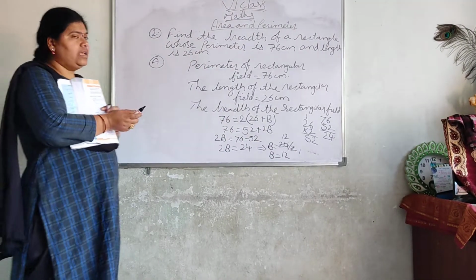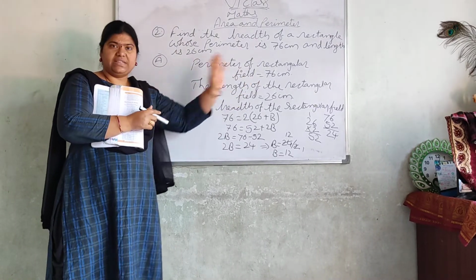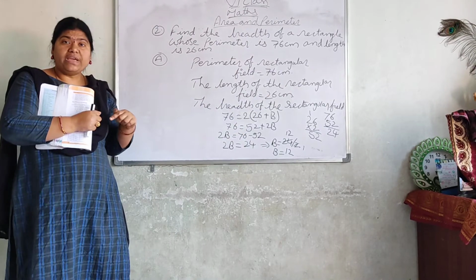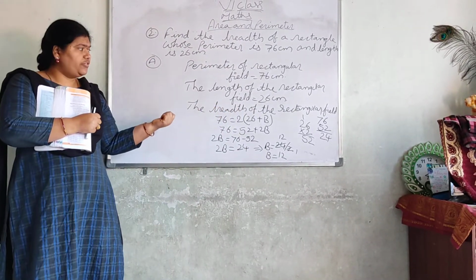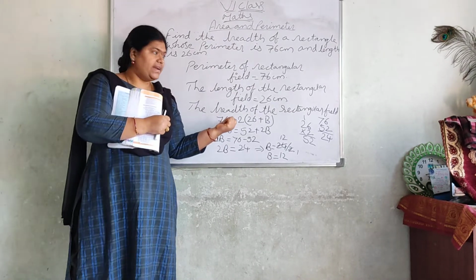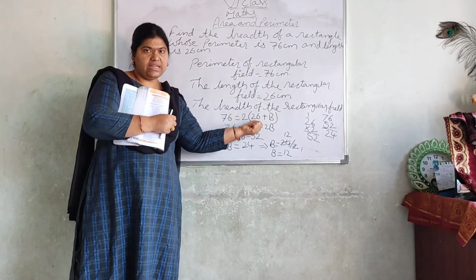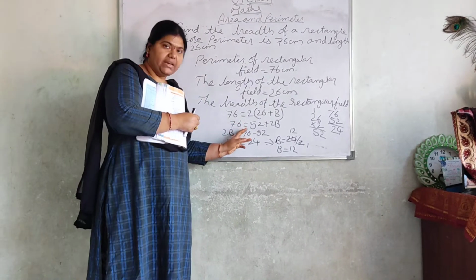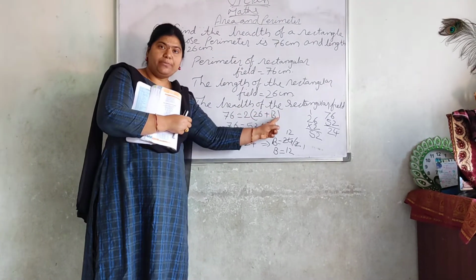See once again here, what is given? Perimeter of a rectangular field is given, 76. Its length is given, 26 centimeters. What we have to find? Perimeter is there, length is there. We have to find the breadth of that one. We know that 76 is equal to 2 into L plus B. What is L here? 26 centimeters. Breadth we don't know. So let this 76 be here. Multiply this 2 with length and multiply this 2 with breadth also.